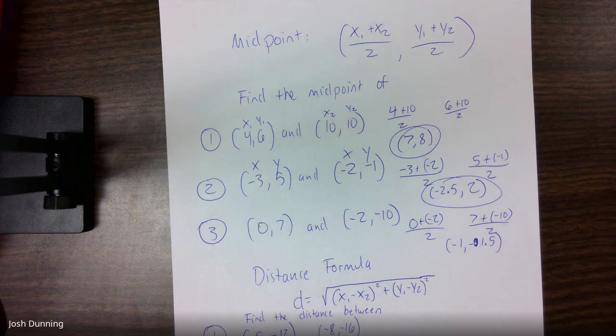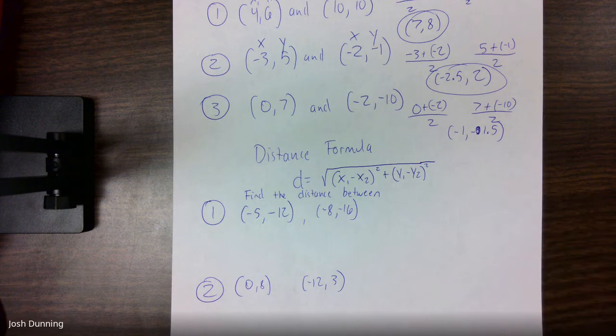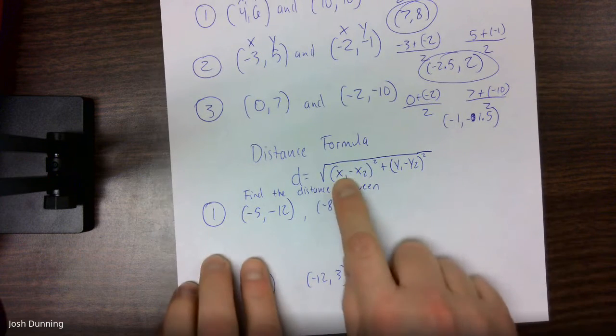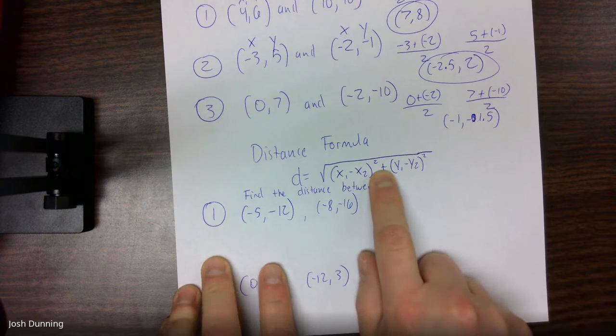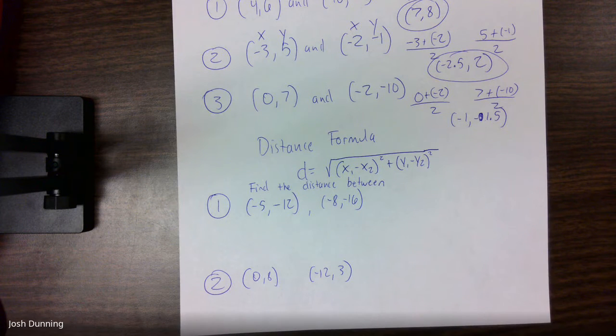But anyway. Now the distance formula looks a little bit more complicated. We have the square root, subtract your x's squared, plus subtract your y's squared. Now, just for today, you can just type the whole thing right in.